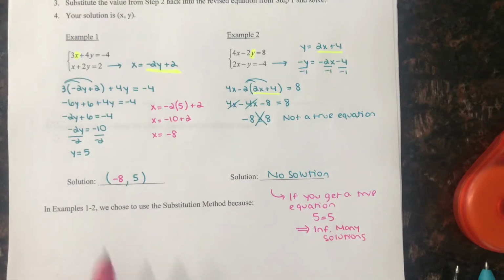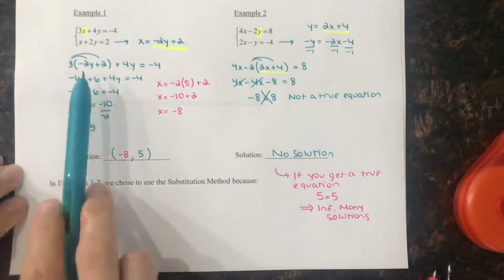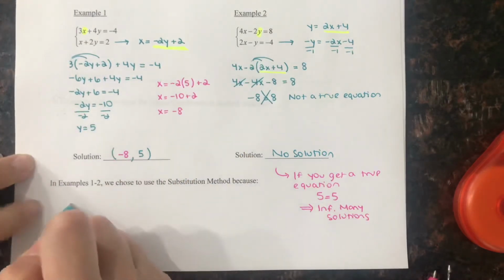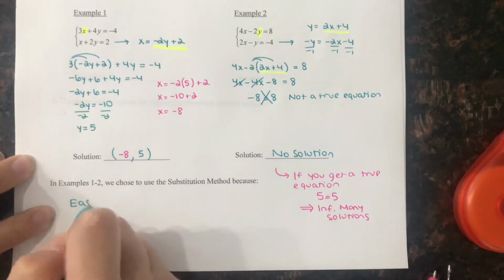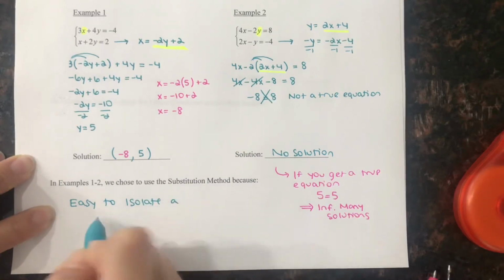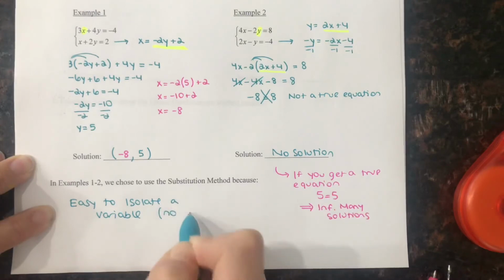So the reason why in both of these examples we chose to use the substitution method was because we were able to pretty easily isolate one of the variables. Easy to isolate a variable. No coefficient.